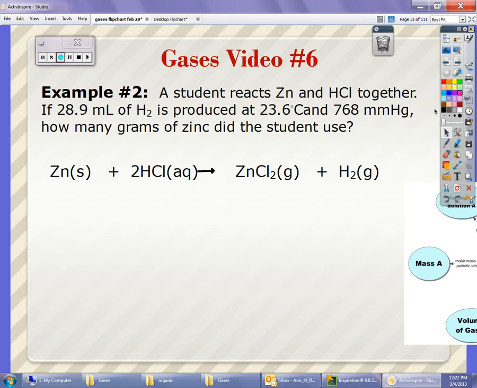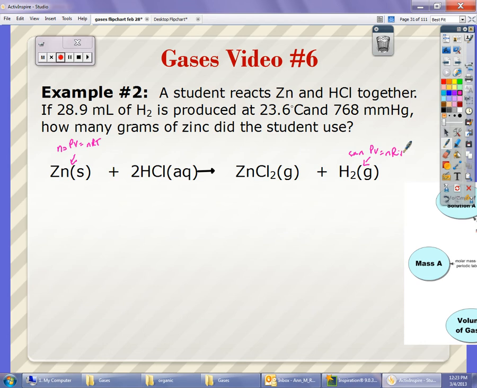So in this case, we are starting out with our volume of H2. And H2 right here is a gas, so I can use PV=nRT for this. I'm going to solve for zinc down here, which is a solid, so PV=nRT cannot be used down here.